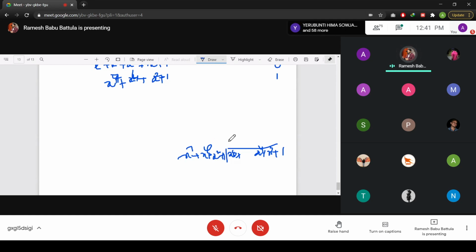This is how many times? x times. And this is going to be x to the power 8 plus x to the power 5 plus x to the power 3 plus x. Then you have to check.